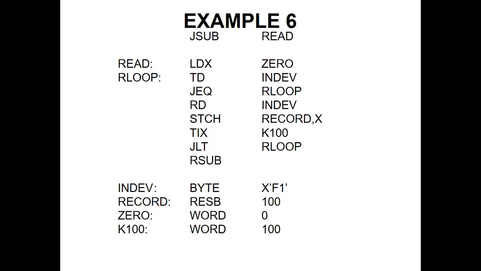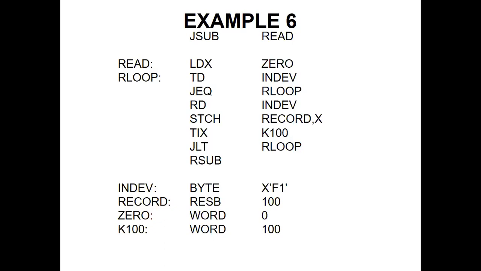So the operand is just 100, okay? So we increment X and we ask ourselves whether X has reached 100. Now the first time when we increment X is 1. So you compare 1 with 100. That means X is less than 100. So you say jump to subroutine error loop. So that means we go back to the label error loop.